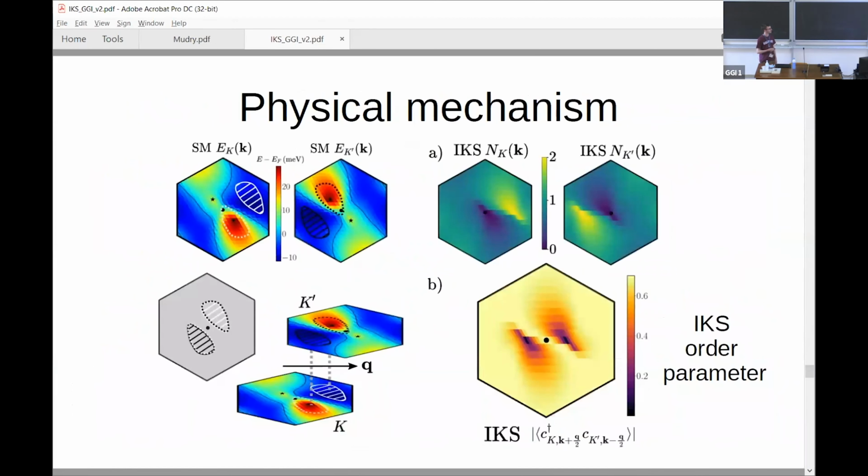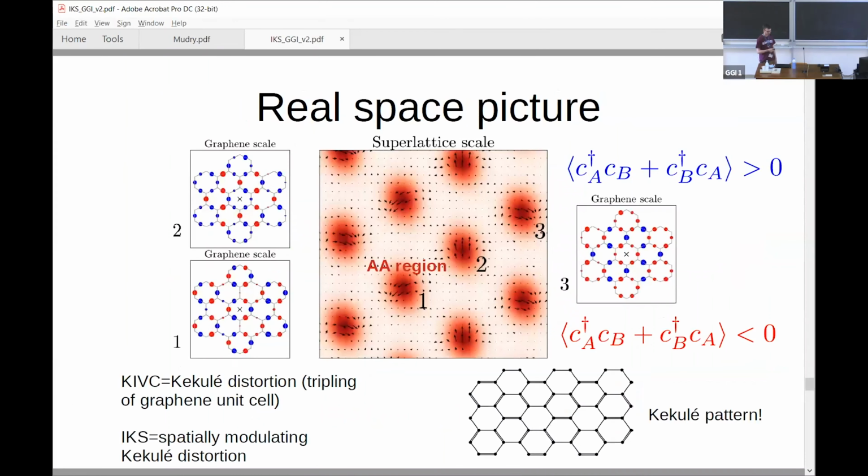So the Kekule pattern. Like I said, the problem in seeing this Kekule pattern is that Kekule patterns have been seen for monolayer graphene in experiments, but there you're talking about densities of electrons per graphene unit cell, whereas here you're talking about a certain number of electrons per Moiré unit cell.